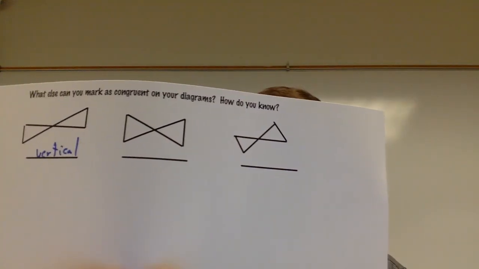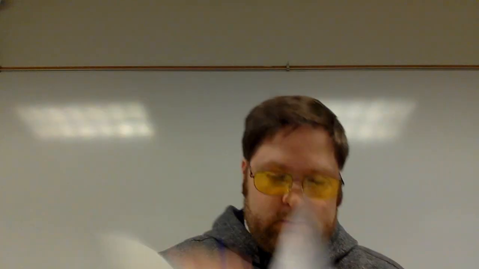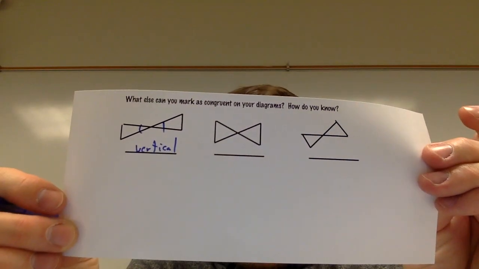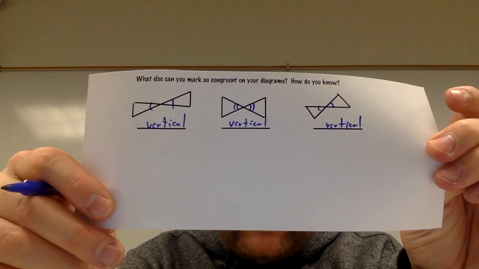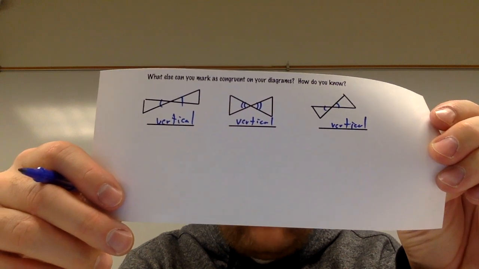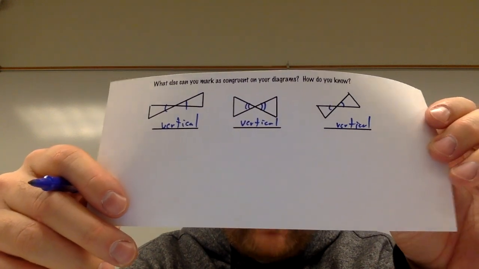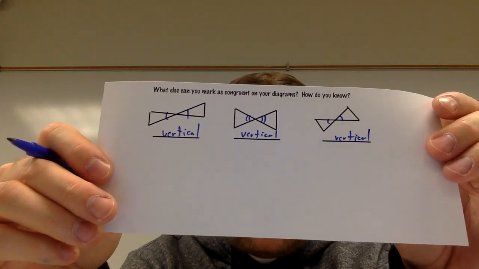That's right. They're vertical angles, so we need to mark them by putting identical angle markers. Go ahead and do the last two. You should have something that looks like this, meaning each angle that is identical should have the same number of congruency markings.